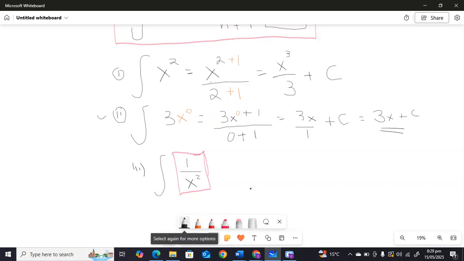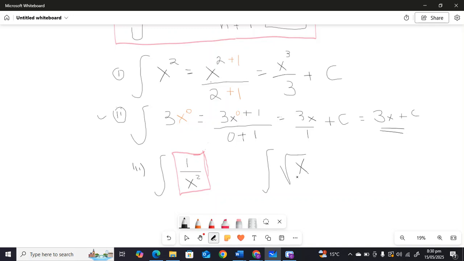No, no. Okay. Here, colleagues, there's a reason why I've brought this here, because I want us to remember the laws of indices.